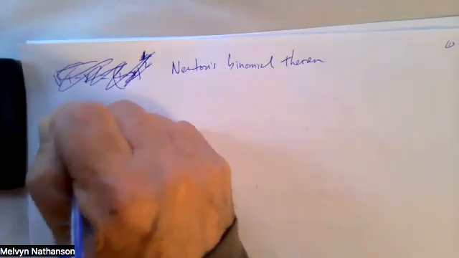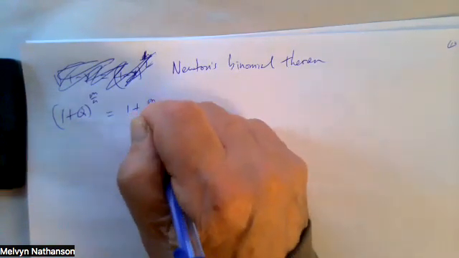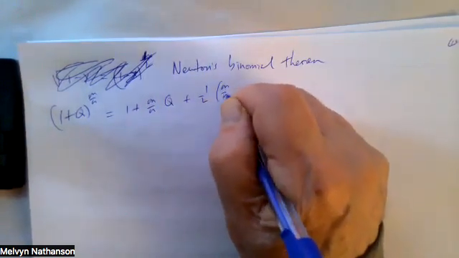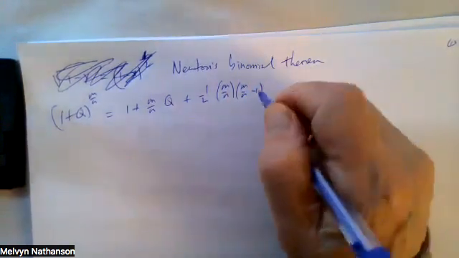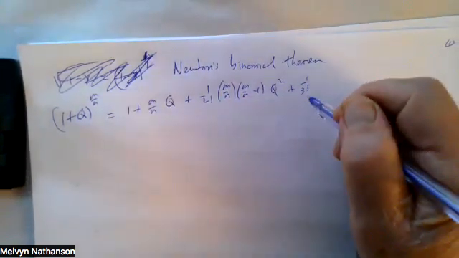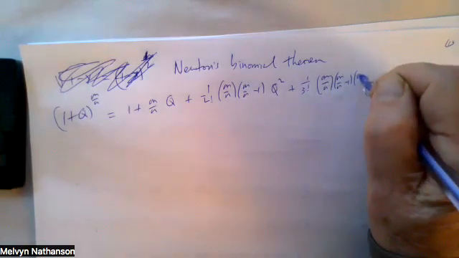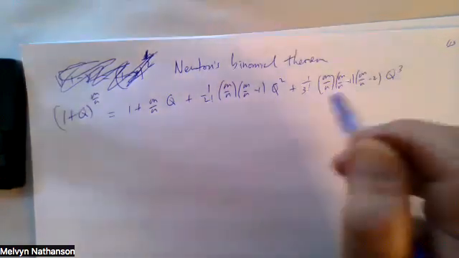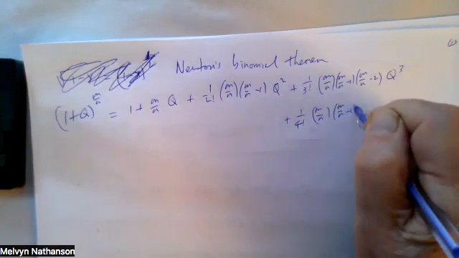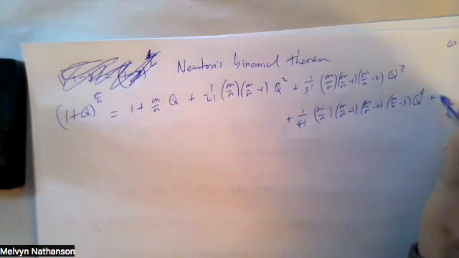If you take 1 plus q to the m over n, this is 1 plus m over n times q, plus 1/2 m over n times m over n minus 1 q squared, plus 1 over 3 factorial, or 6, m over n, m over n minus 1, m over n minus 2, q cubed, plus 1 over 4 factorial, m over n, m over n minus 1, m over n minus 2, m over n minus 3, q to the 4th, and so on.